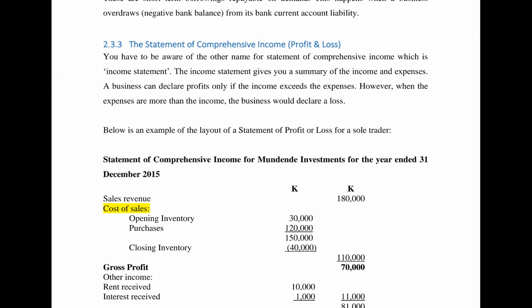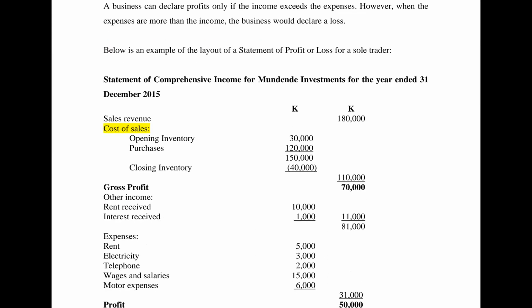So what the statement of comprehensive income, or the profit and loss account, is trying to show us is: have we made profit when we are trading? How much revenue have we generated? How much of the expenses did we incur? Did we make a loss or a profit?